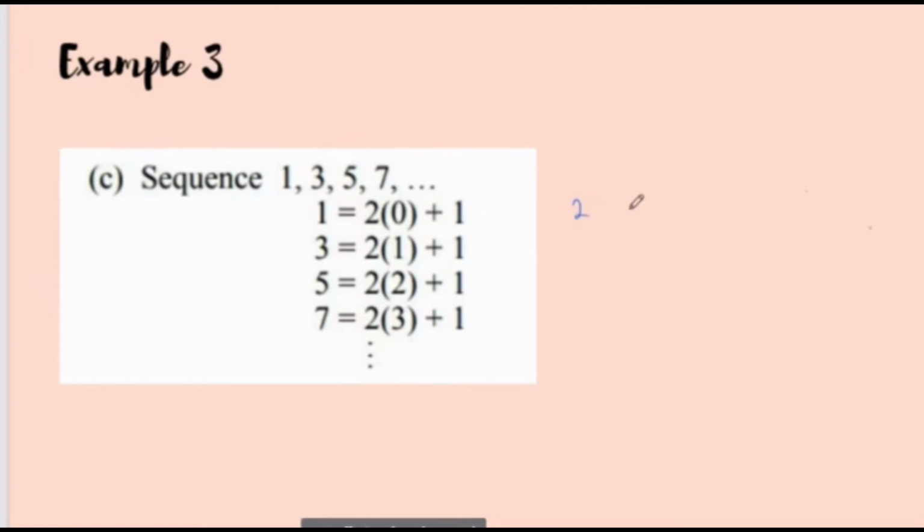They all are the same, so you just write plus 1. And then, what is the difference? That is the numbers 0, 1, 2, and 3. So you just put the numbers 0, 1, 2, and 3 as n.